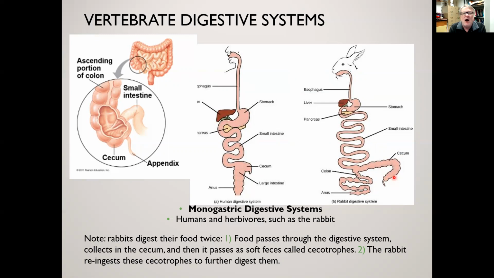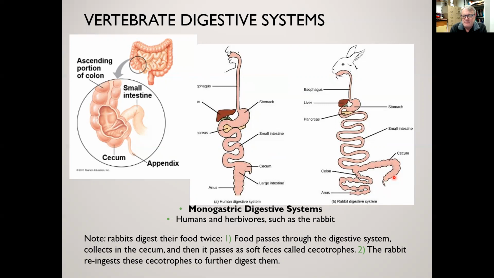Remember, humans are omnivores, meaning that we can consume both animal flesh and plant-based materials, but rabbits are purely herbivores and primarily eat grasses that have extremely high cellulose content, which is extremely difficult to digest. So that means more of the digestive tract needs to be devoted to digestion of these very fibrous plant-based materials.